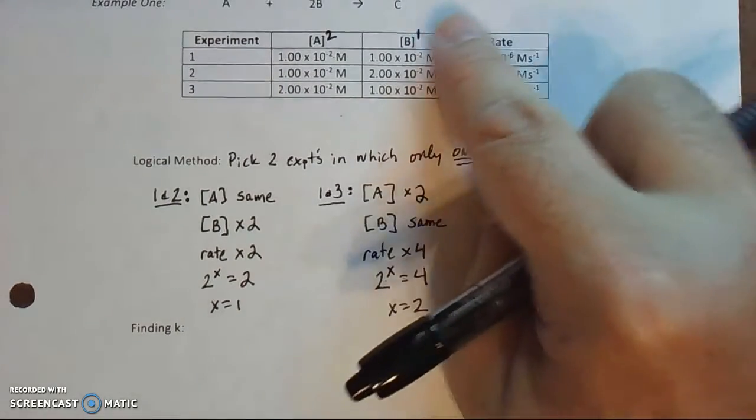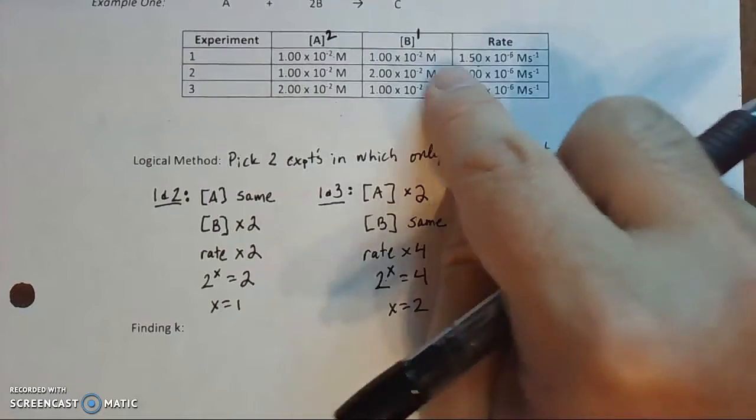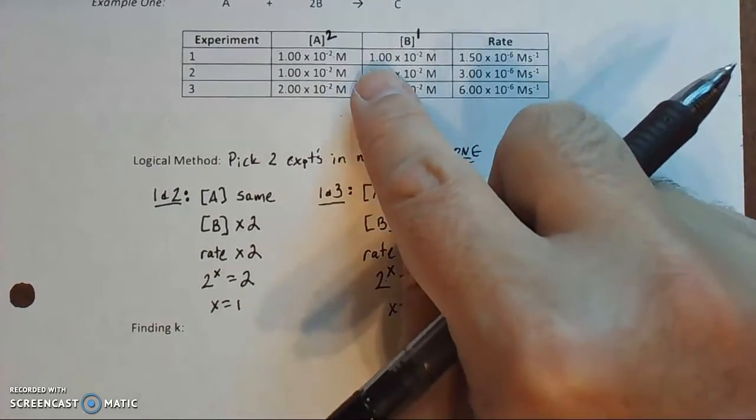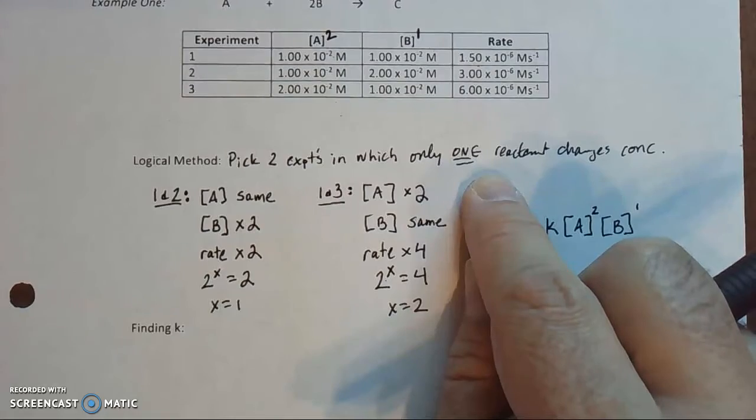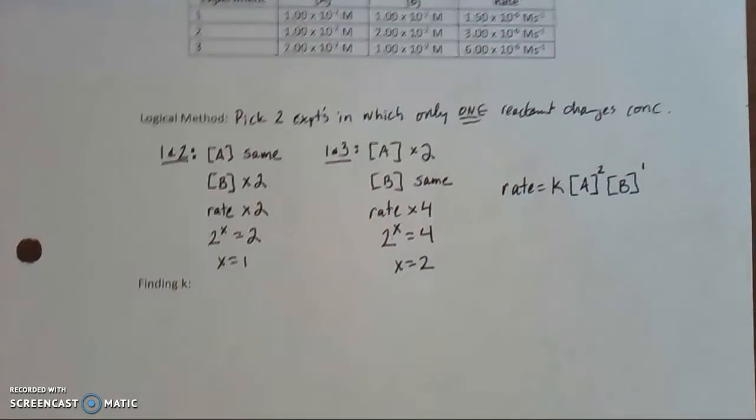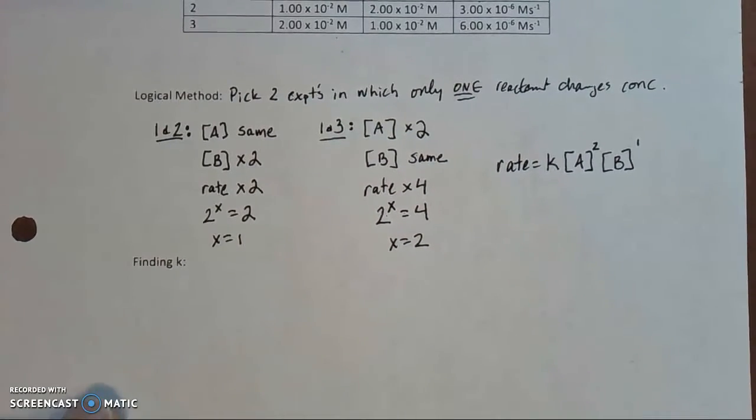If I had C, D, E, and a lot of different reactants, I would just pick experiments in which only one reactant changes. And then I'm going to find k.